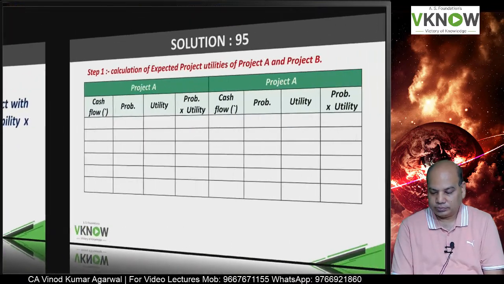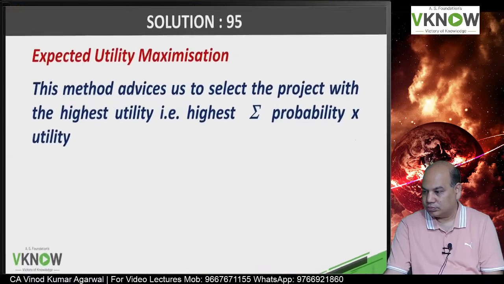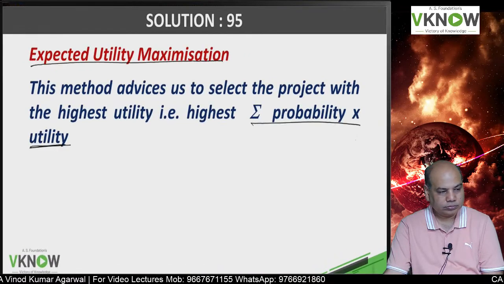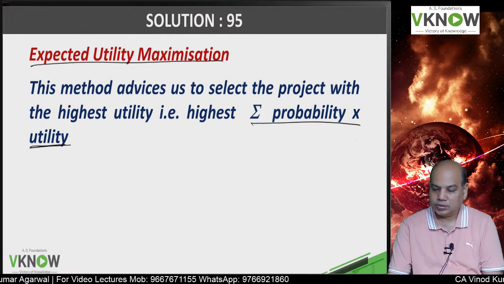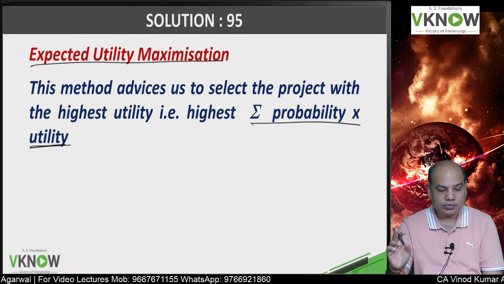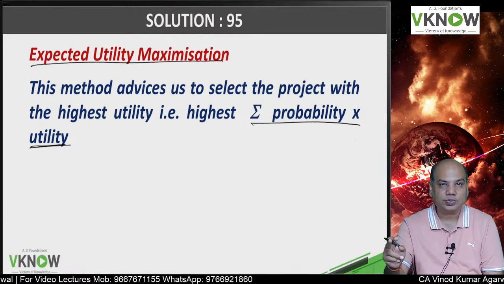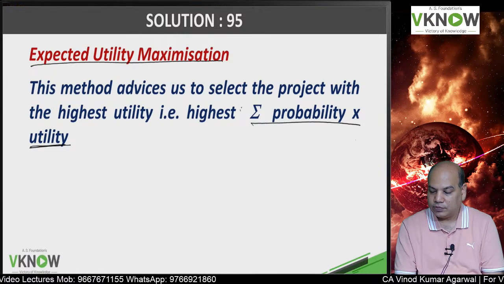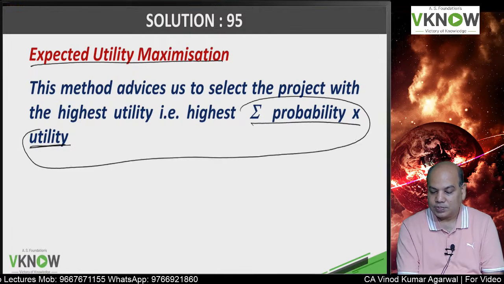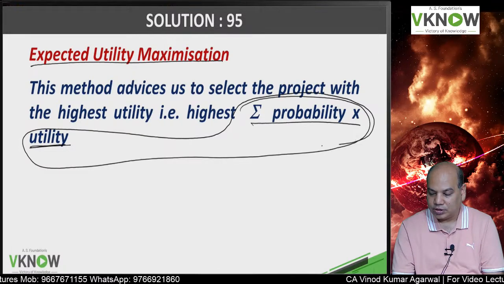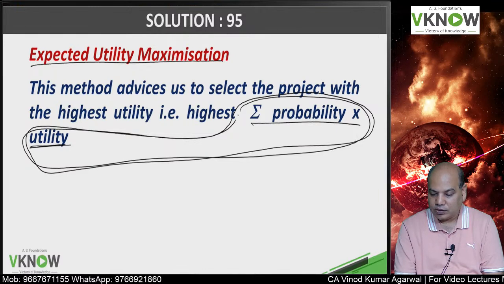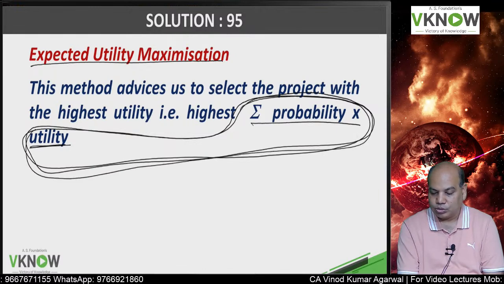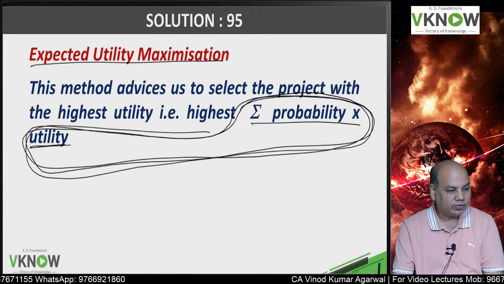Then write down, I hope you have written the note. Have you written the note? Yes. So just put the utility in front of the cash flow, multiply by the probability, the one which will give you the highest expected utility, that project will be selected.